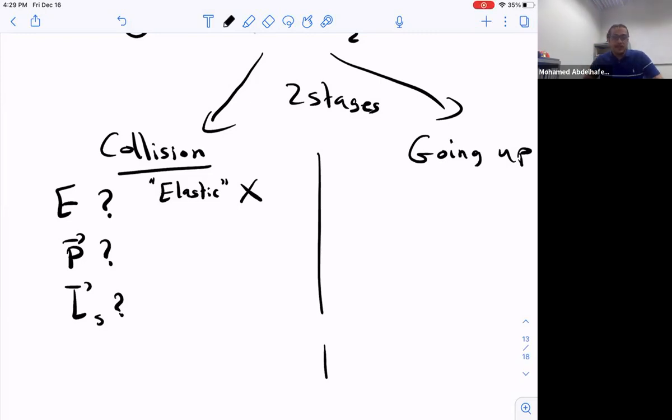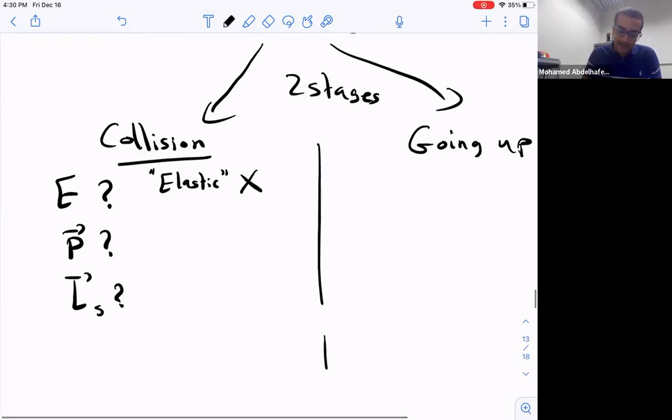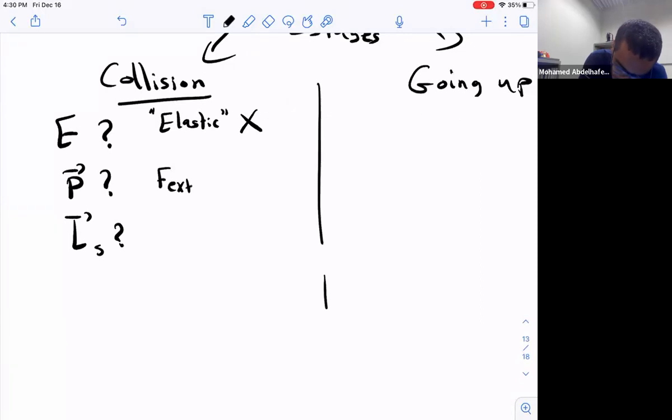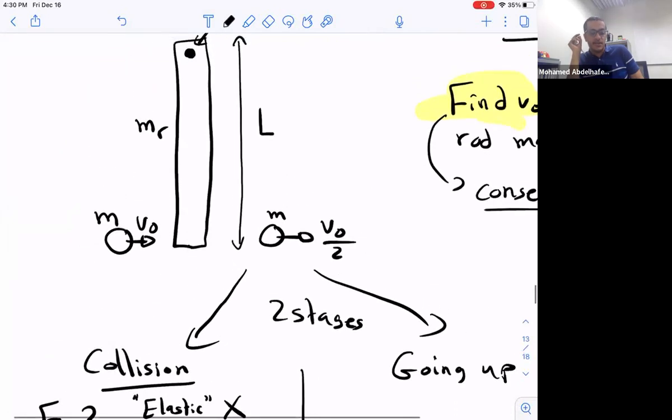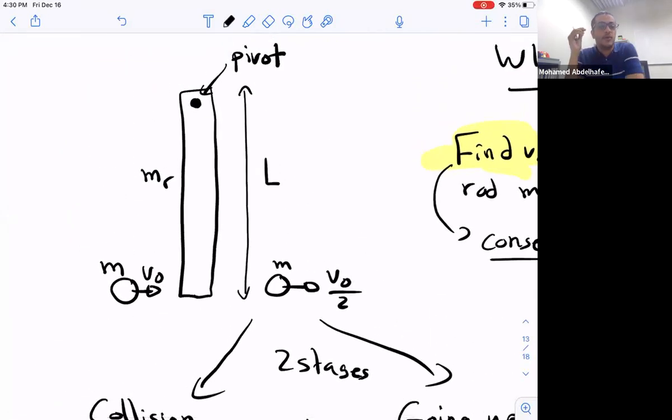Okay, what about linear momentum? Well, we said that the condition for linear momentum is that there are no external forces. So let's look at this example right here. Again, you might be tempted to say, yeah, there are no external forces, so momentum is conserved. However, in these kinds of collisions, if there is a pivot, that's the second important idea here. The first important idea, elastic or inelastic, is for energy. The second important idea is a pivot. Pivot or no pivot? Is your rigid body pivoted somewhere?